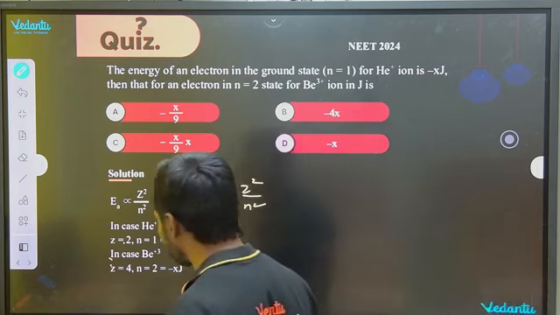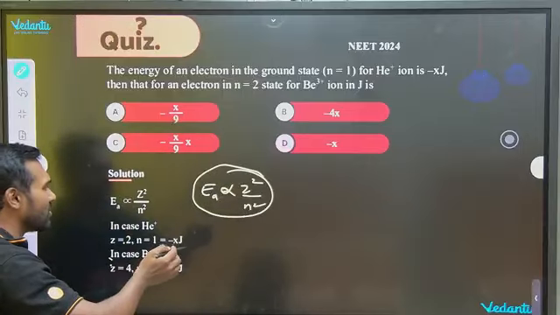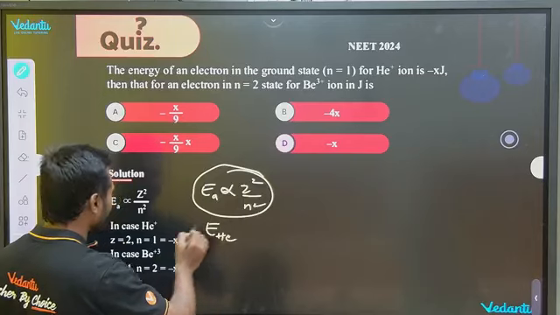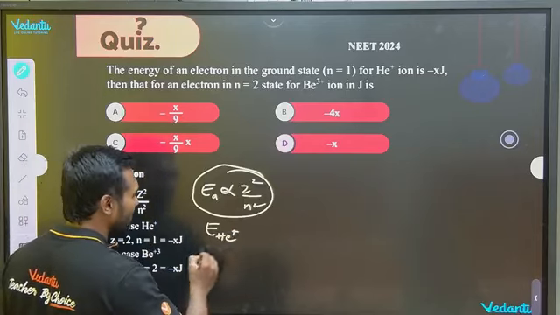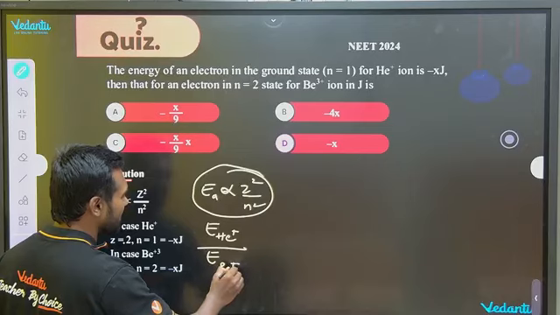Anyway, the minus 13.6, if you take the ratio, they are asking the comparison value. This is for helium they gave. If you want to simplify more, take the energy of helium plus and beryllium 3+.